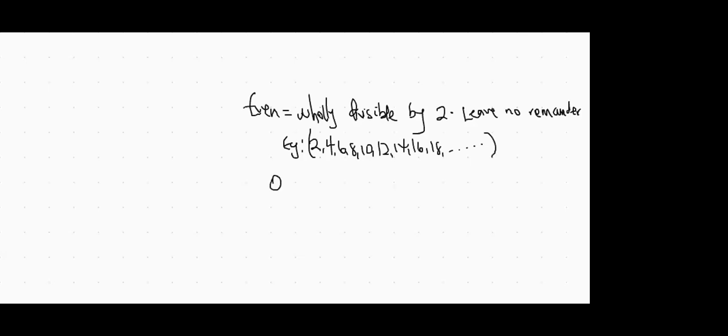Next, this is just a quick recap, so please, let's be involving. Odd numbers. We understand odd numbers are numbers that are not wholly divisible by 2. When they are divided by 2, they always leave a remainder of 1, right? And what are some of these numbers?